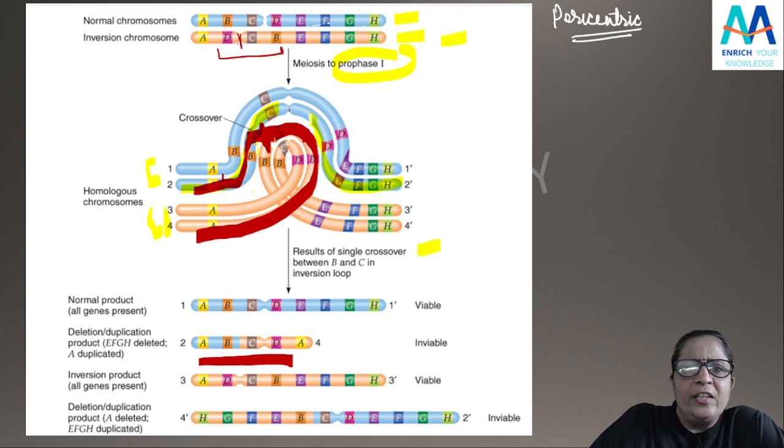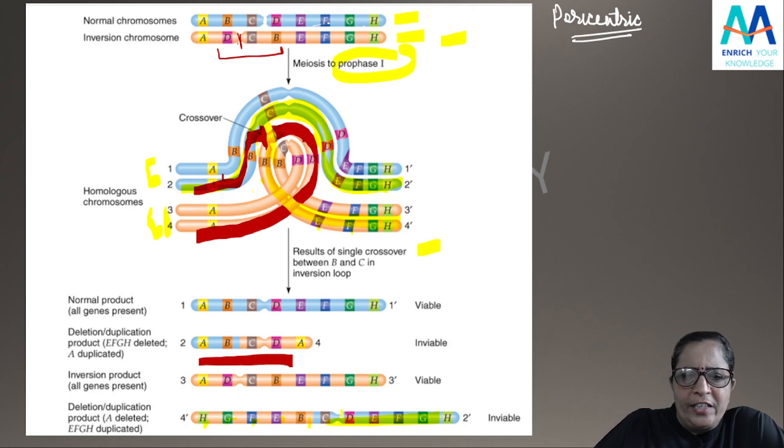In this way, this will come. It will come here and it will move like this. तो क्या आ रहा है आपका? H, G, F, E, B, C, D, E, F, G, H.